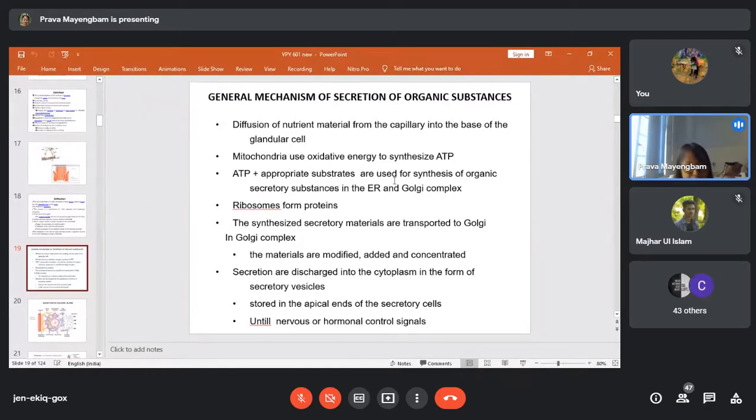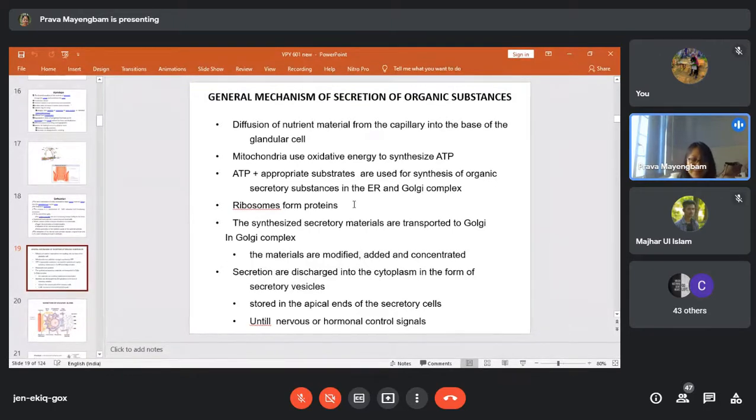The substrates are used for synthesis of other organic secretory substances in the endoplasmic reticulum and the Golgi complex. Then in the ribosomes, the proteins will be synthesized. These synthesized secretory materials will be transported to the Golgi complex. You know the functions of each of the cell organelles.